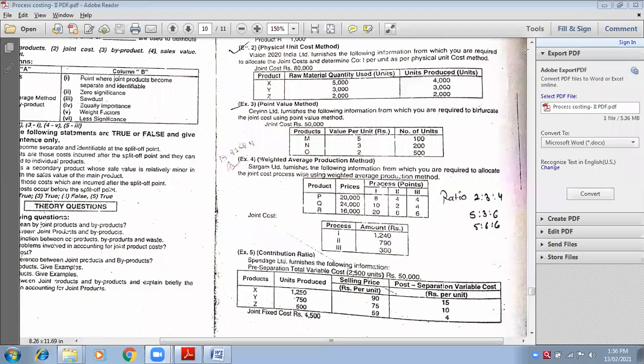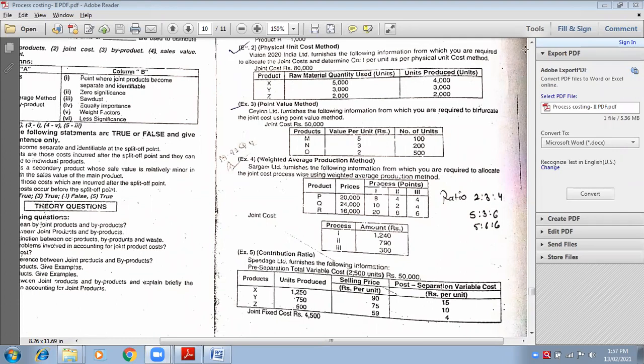Yes, done. So tell me, what are the amounts of process 1? What is the amount? P, 276. Q, 413. And for R, 551. Okay. And for process 2, P, 282.